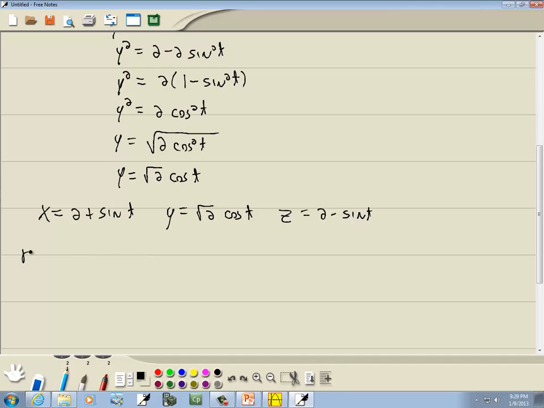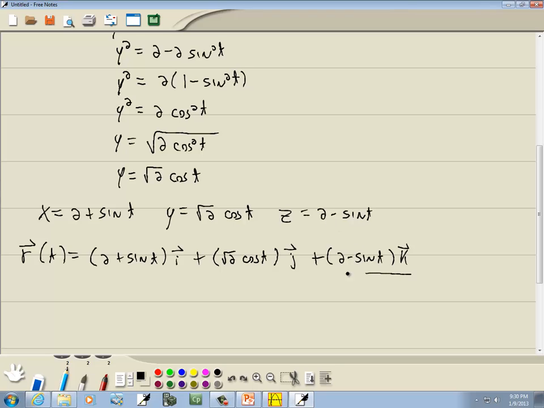So then our vector valued function is 2 plus sine t i plus square root of 2 cosine t j plus 2 minus sine t k. That's our vector valued function.